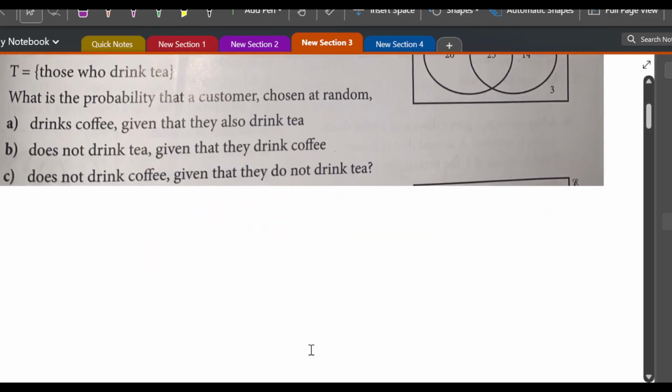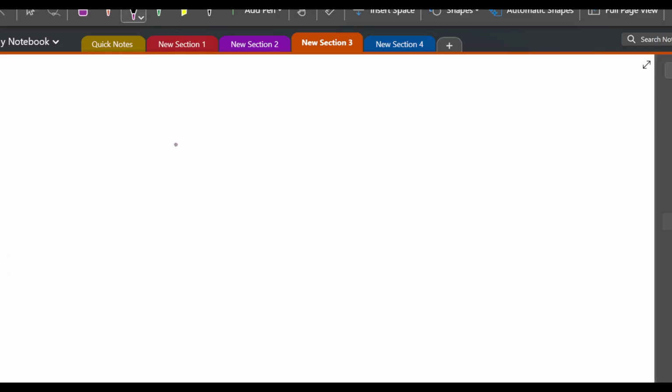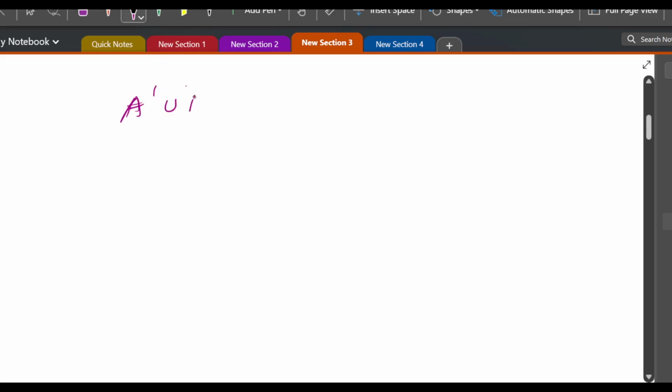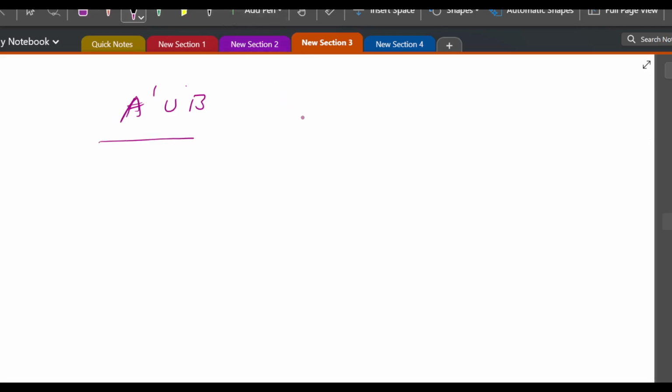Let me draw what you said: A complement union B, a Venn diagram. Now I will show you.